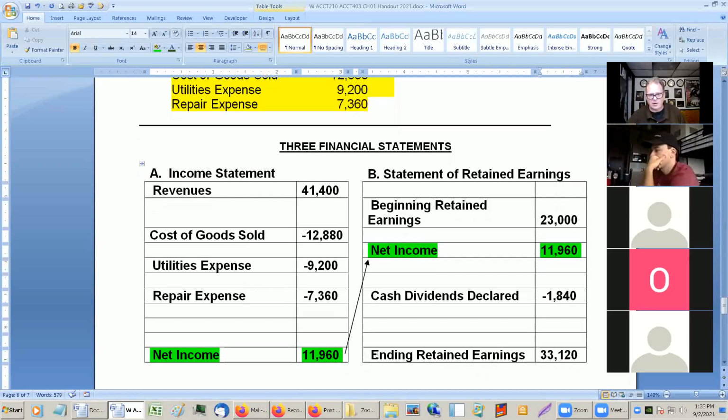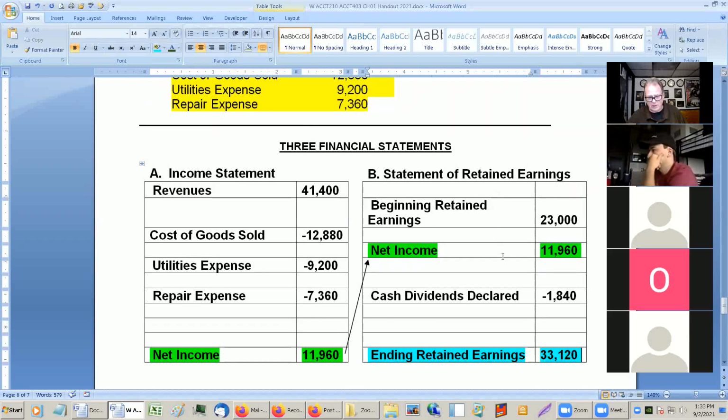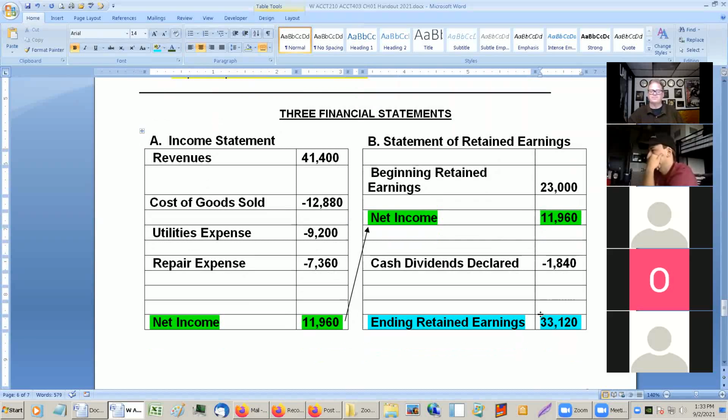Okay, so this is our ending retained earnings. This is what is in the owner's piggy bank after we put in the income that the business earned, and then whatever money they took out.